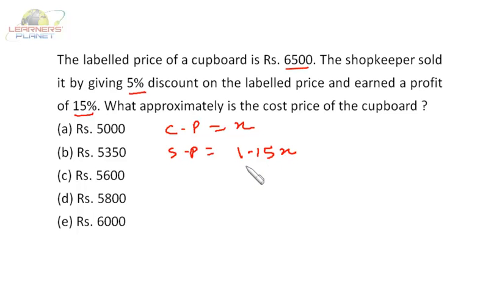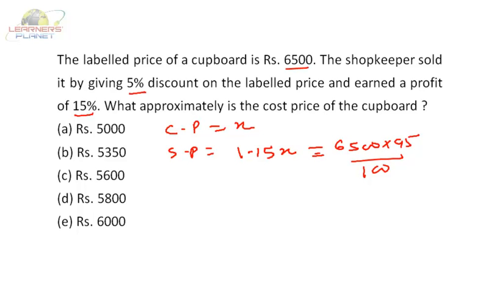Now this is the selling price, and this is actually 95% of mark price. Since the shopkeeper is giving 5% discount, that means he is selling it at 95% price. That means it is 95% of this 6,500.